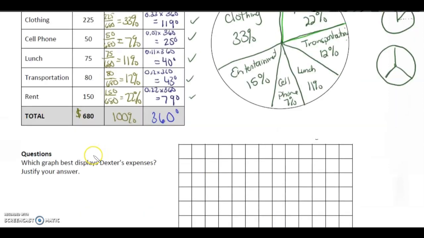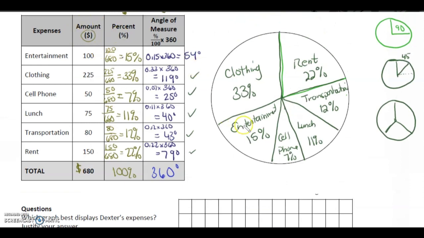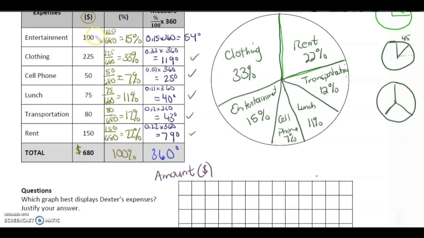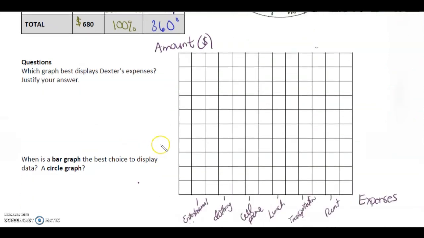All right. And if we take a look at the amount of money spent, so this is going to be expenses versus amount. Okay, so let's label this axis expenses and this axis amount. And that's going to be in dollars. Okay, and we're going to go up the amount column. And the biggest number that we have to budget for is $225 for clothing.